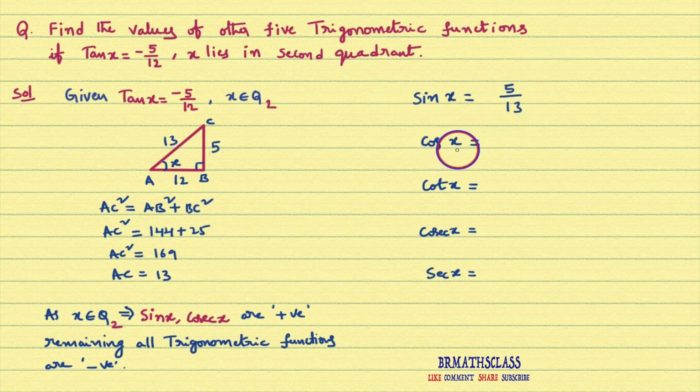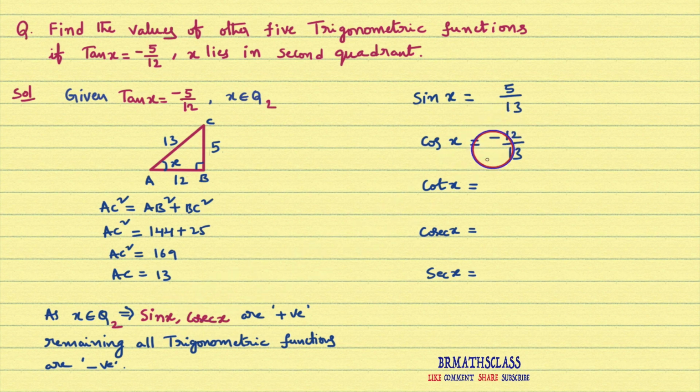Now we will see what is cos x. Cos x is defined as adjacent side by hypotenuse. Adjacent side is 12 divided by hypotenuse, which is 13. Now it's time to write its sign, positive or negative. As x lies in the second quadrant, sin x and cosecant x are the only positive ones, remaining all are negative. So cos x is negative.